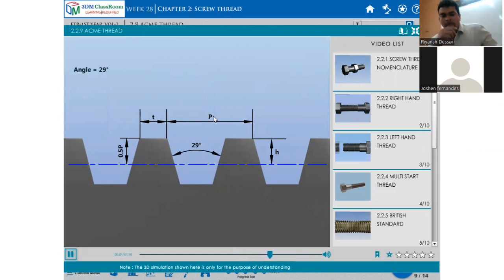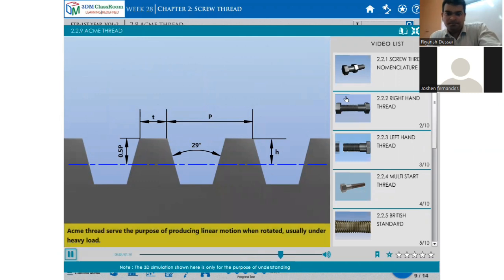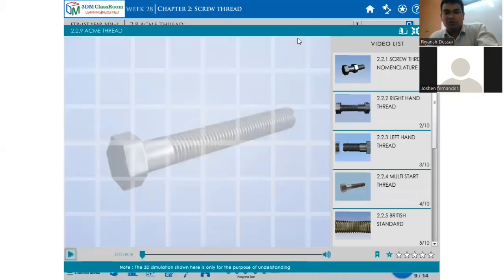The thread angle is 29 degrees. These threads are frequently used on screw cutting lathes, brass valves, cocks, and bench vices. You need to remember the angles, pitch, thickness, and what the depth should be. Sometimes you have to remember these relations because when you make the drawing, you have to write down what should be there.